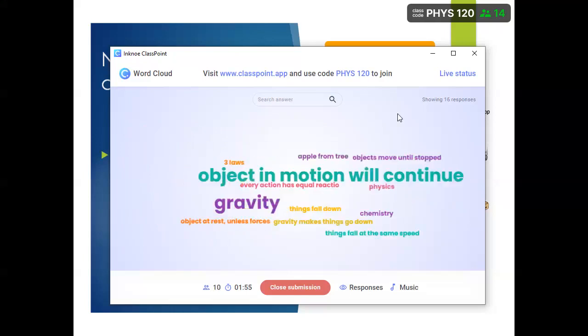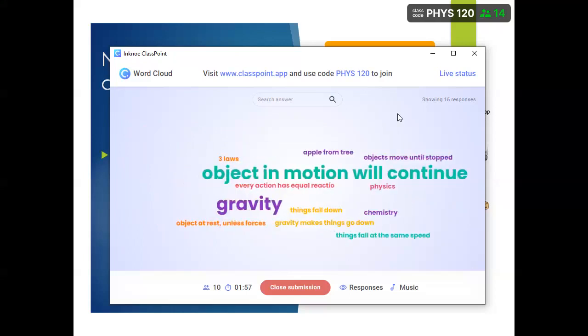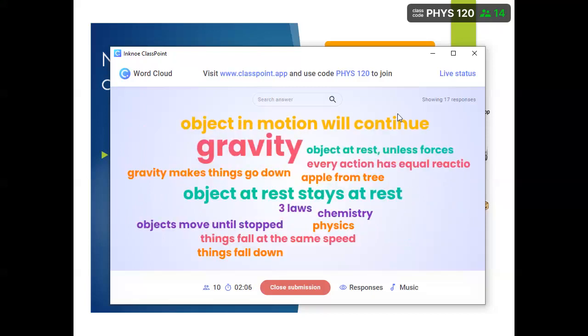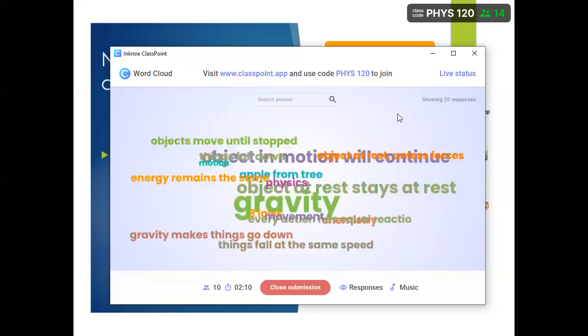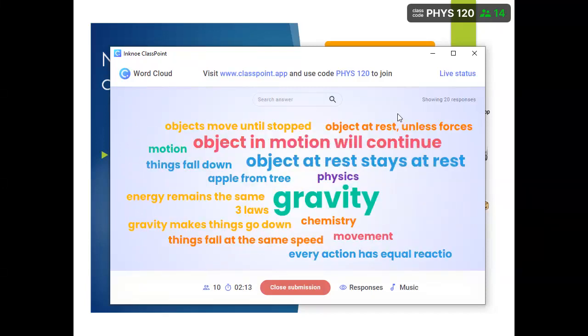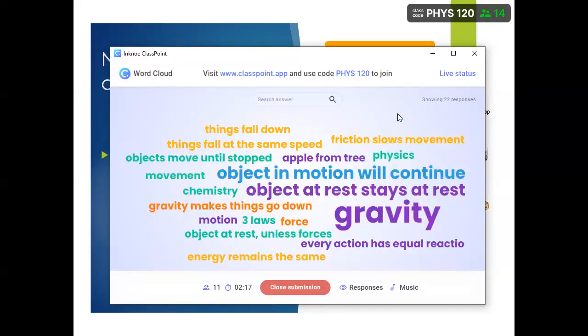If you write chemistry, it doesn't mean that this is wrong. It is correct, but what aspect of chemistry? Anything that is moving has energy, mechanical energy, thermal energy. We can discuss this. So gravity. What is gravity exactly? Gravity is an acceleration, a force.